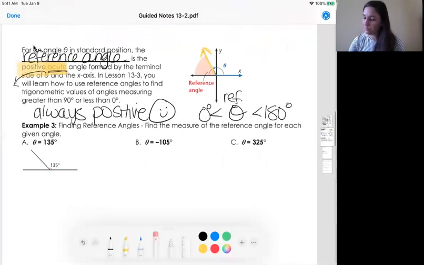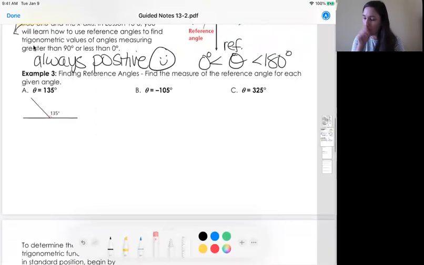All right, so let's find our reference angles. We've got this first example here. I drew out the drawing for you there. We've got our angle of 135 degrees. I would actually prefer if I had my axes drawn in. So I've got our 135 degrees there.